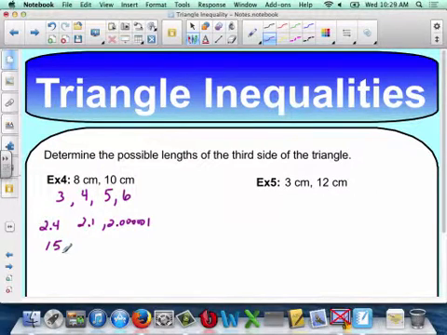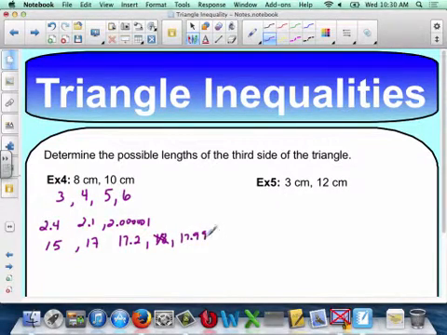Yeah, because 8 plus 10 is 18, so we're okay. What about 17? Yes. What about 17.2? Yeah. What about 18? No, 18 doesn't work. What about 17.999?